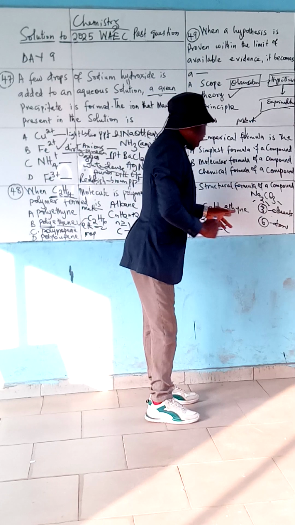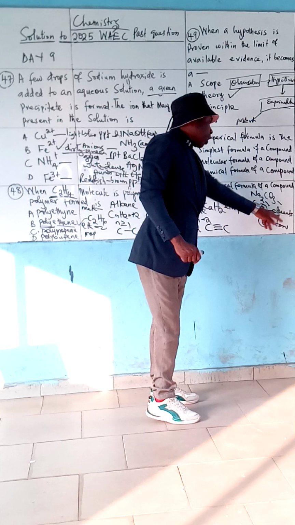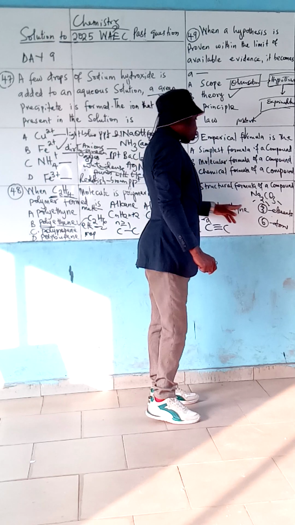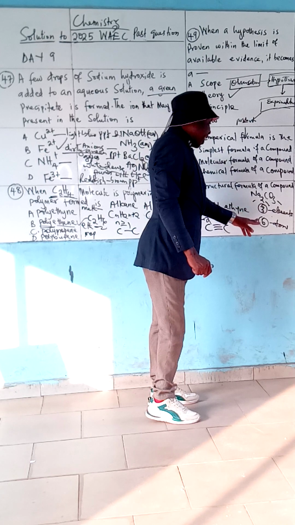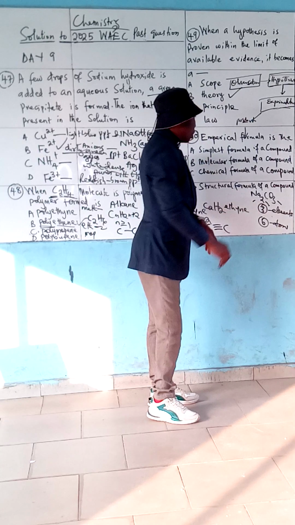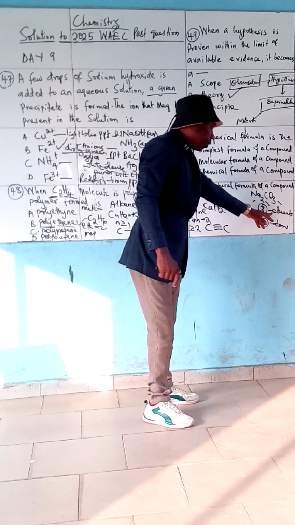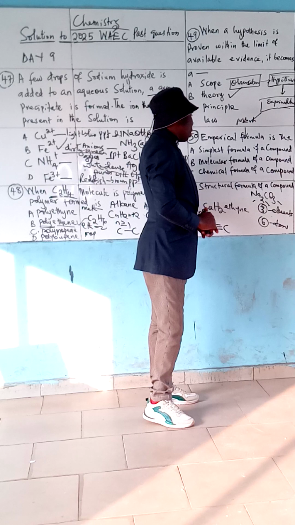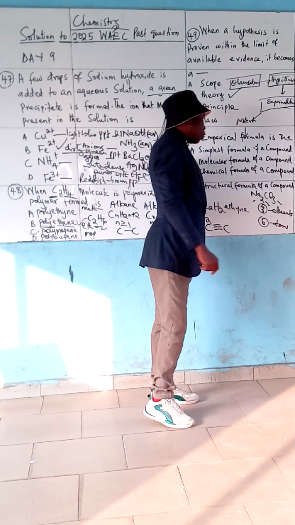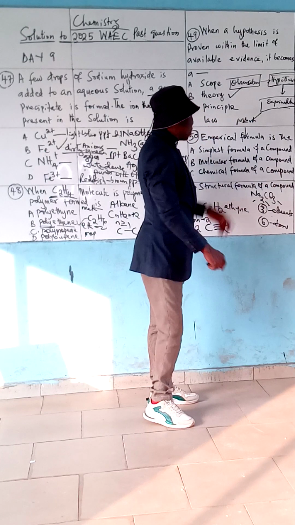So the simplest formula that shows the mole ratio of elements present in a given compound is called the empirical formula. But the formula that shows the exact number of atoms present in a given compound is called the molecular formula. So the correct option is the simplest formula of a compound, whereas the molecular formula is the formula that shows the exact number of atoms of the elements present in a compound.